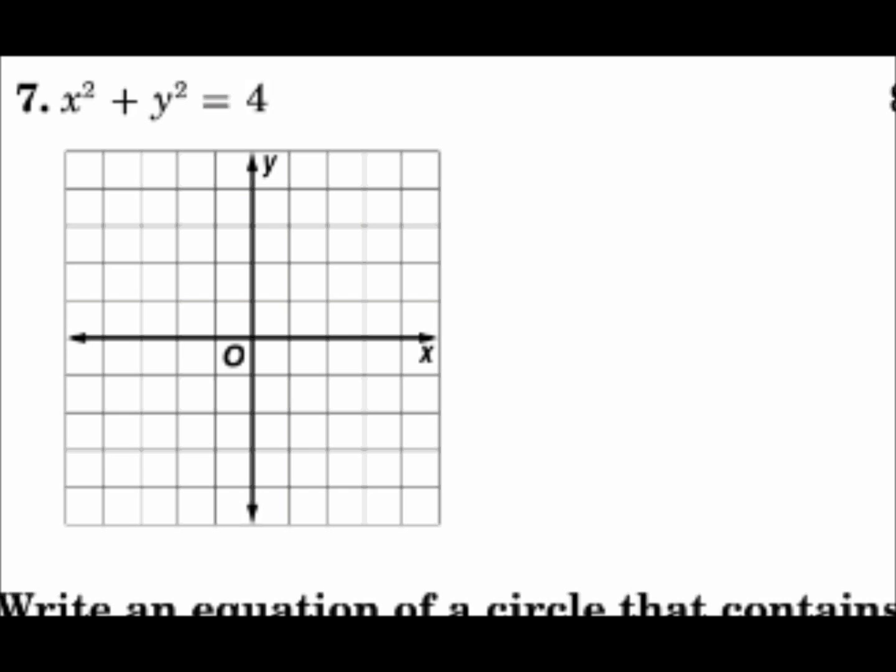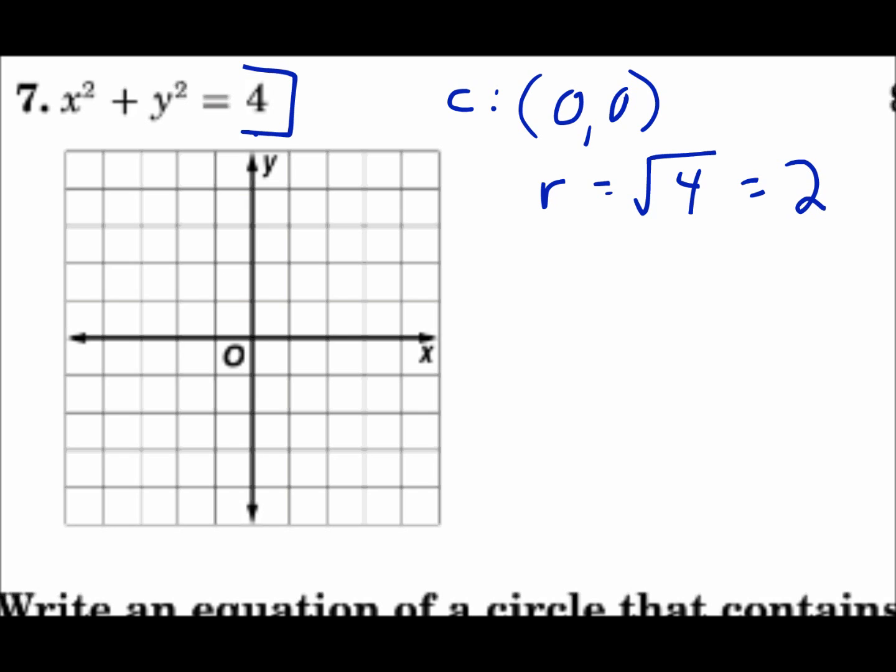So that's really like saying (x minus 0) squared and (y minus 0) squared. So the center will be (0, 0). The radius will be the square root of 4, which is 2. Remember, you take the square root of this to find the radius.